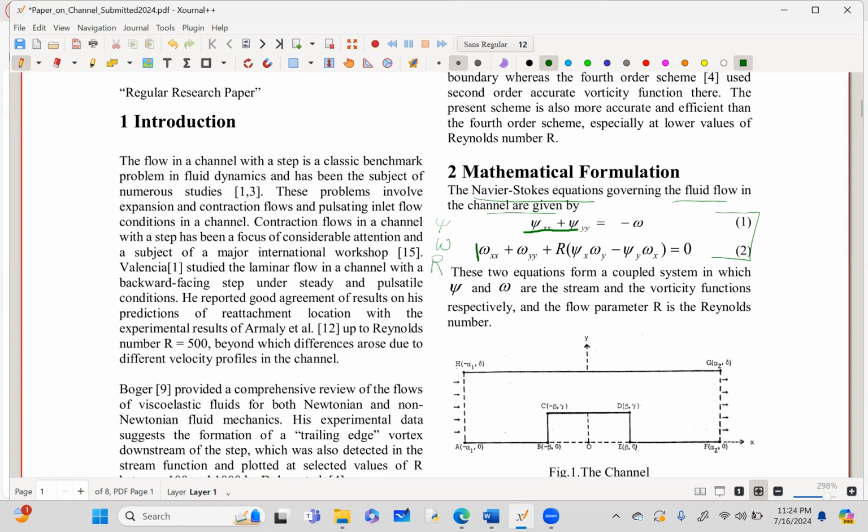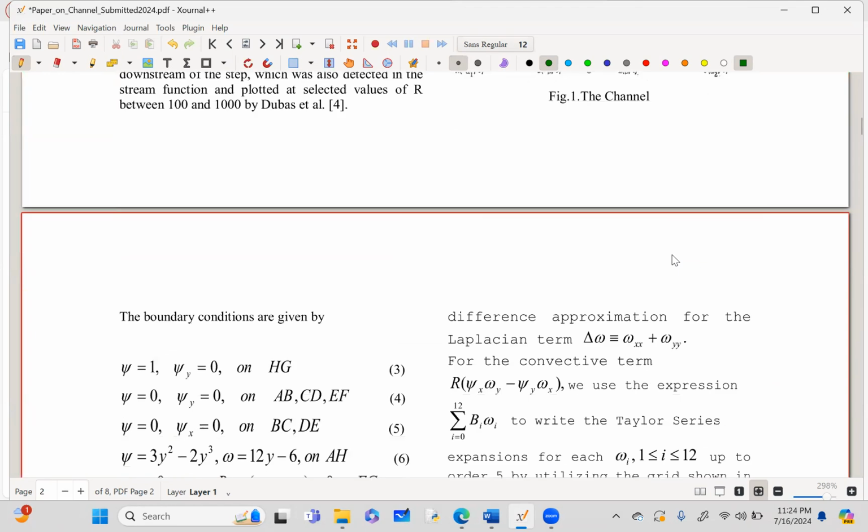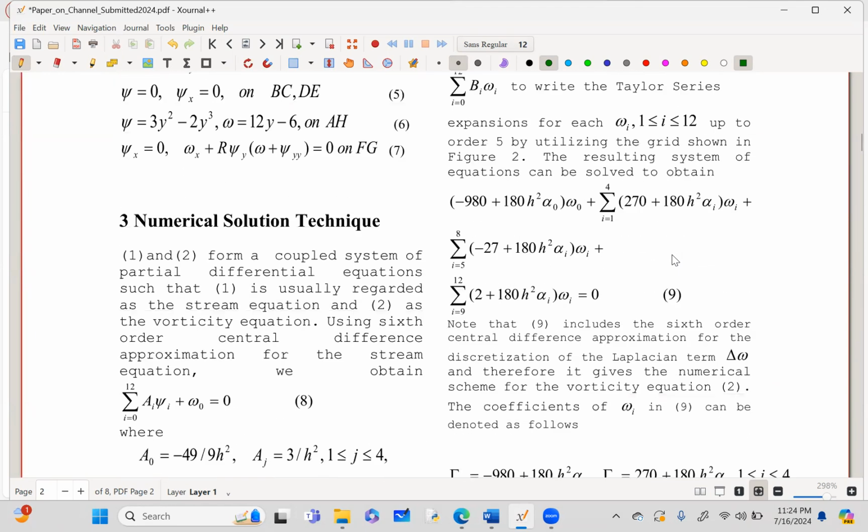The same thing can be done in the vorticity equation. The first part, the Laplacian, can again be discretized by a sixth-order central difference approximation. This is the highly nonlinear part, which is also known as the convective term. So for the convective term, we'll look into that specific development now.